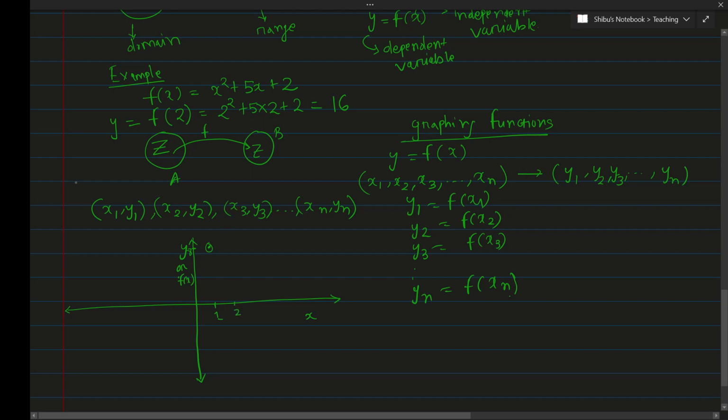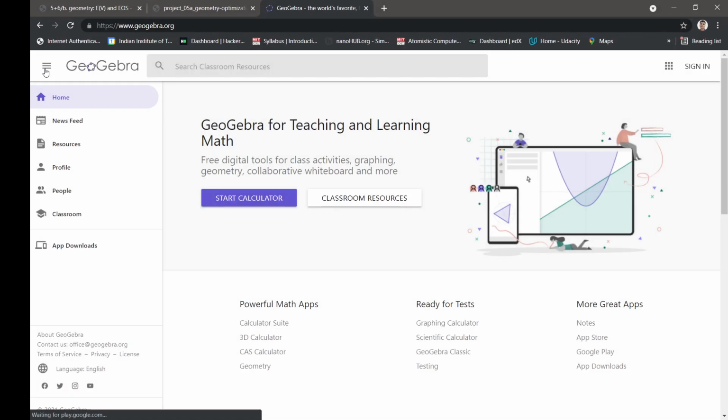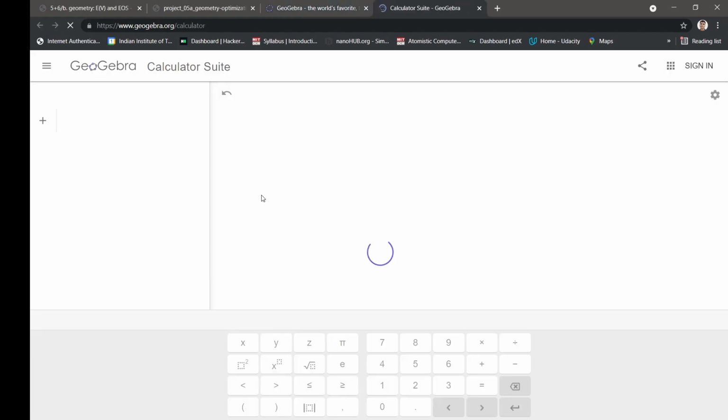So let's see how this function looks. Instead of drawing it by hand, I would like to use an online software called GeoGebra to find how this function looks in our 2D plane.